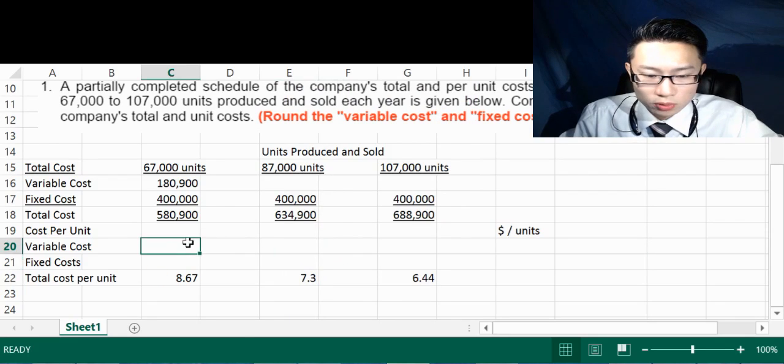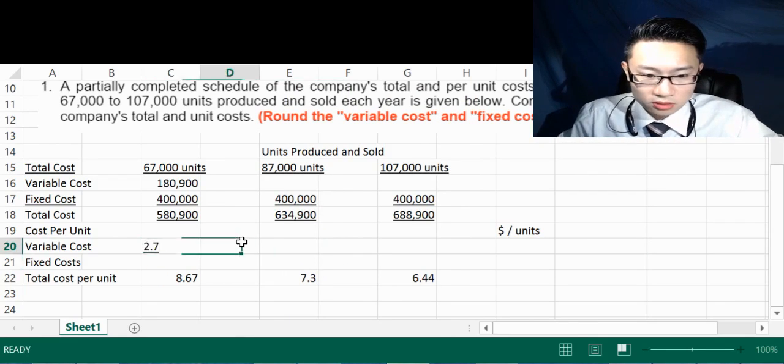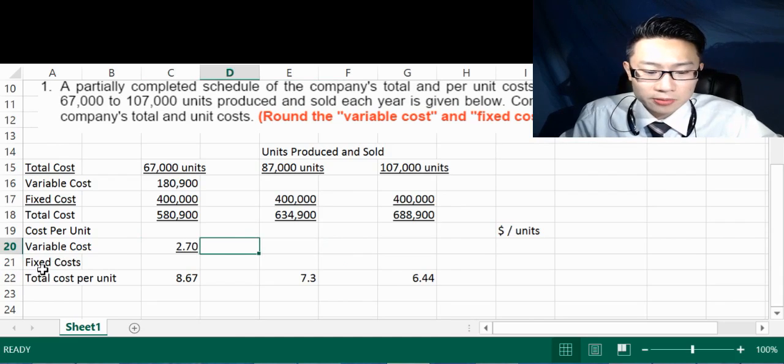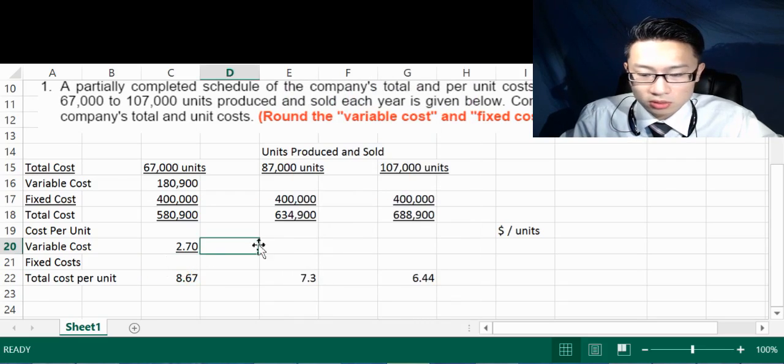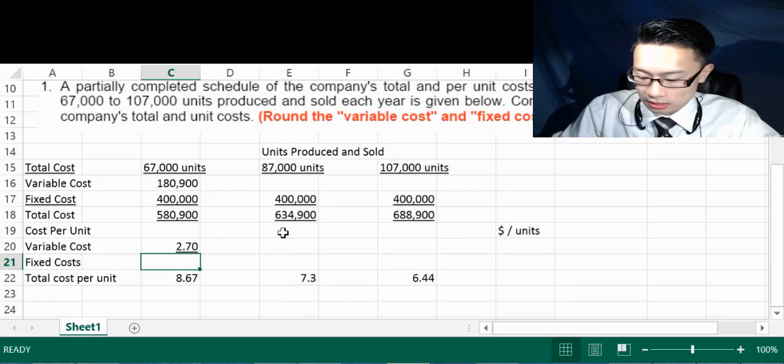So we put 2.7 here. Good. We can apply the same principle to the fixed cost per unit. So 400,000 divided by 67,000 units is going to give us 5.97. Make sure it's put into two decimal places.